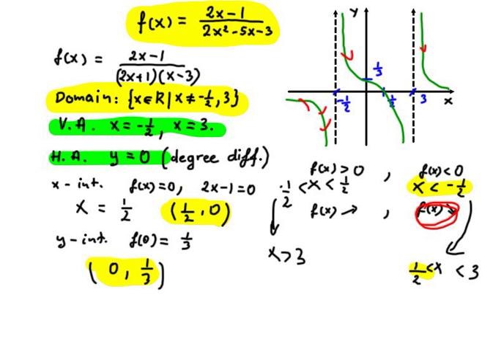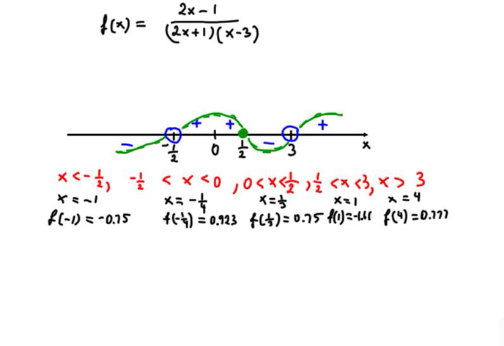Okay, so I'm going to show you now the way of finding the graph by using certain test values. So this is what you do. Your x-axis, your set of real numbers, is divided into several intervals. We have one interval here, which is found between -1/2 and -infinity.